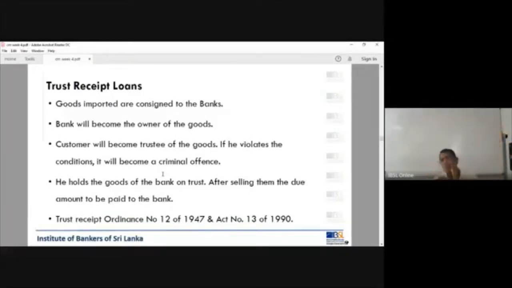So now I have to give the goods to my customer. He has to sell. There is a time lag for selling, and he has to collect from the debtors and pay the bank. So for that, we need to give a facility.